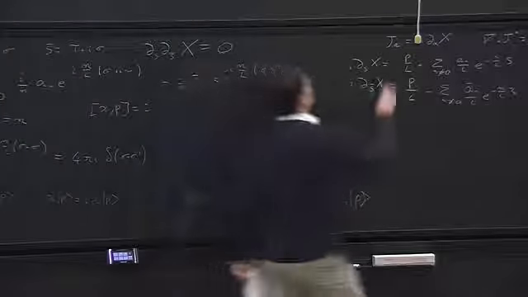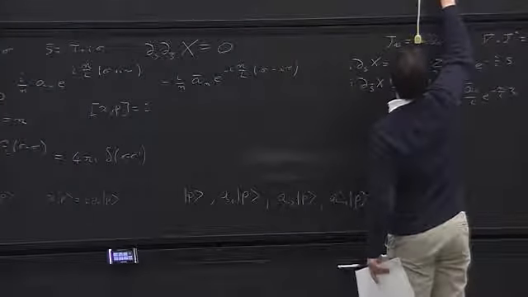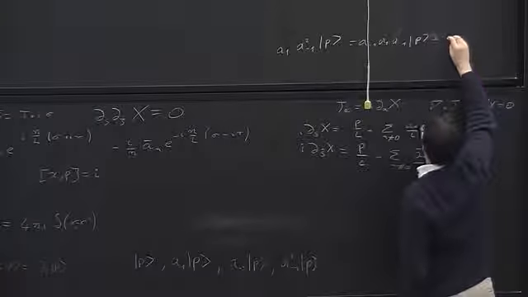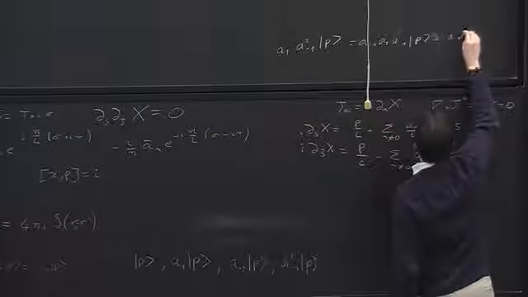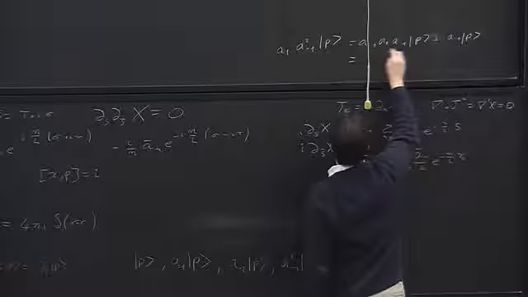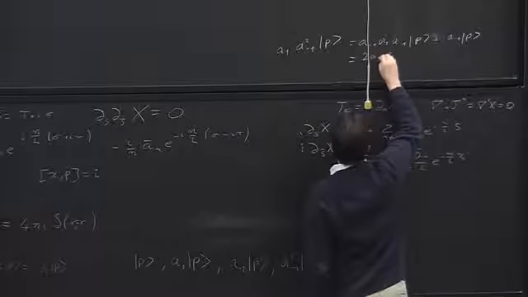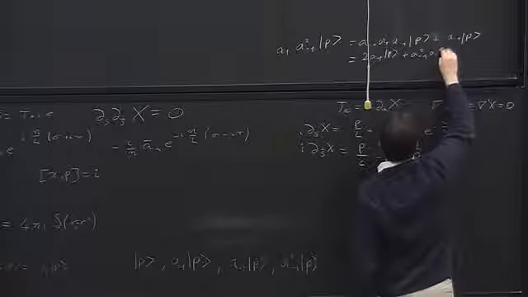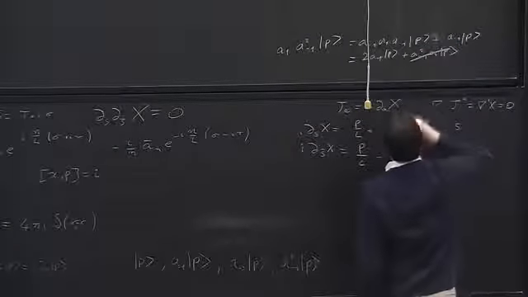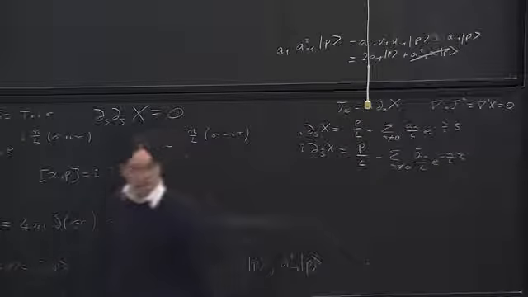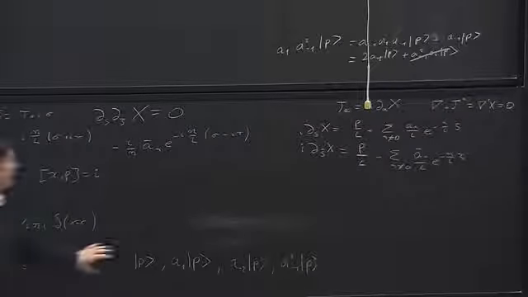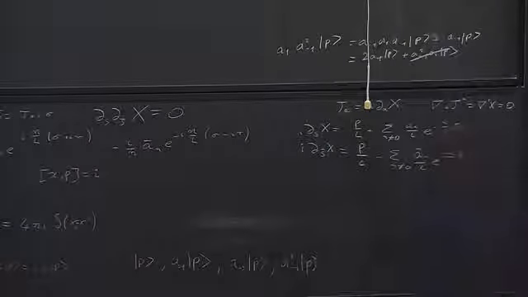So you write this as A minus 1 A1 A minus 1 |p> plus A minus 1 |p>. Then you write it as 2 A minus 1 |p> plus A minus 1 squared A1 |p>. And then this is 0. So this is how you figure out how the modes of your scalar field act over the various states in the Hilbert space, in the Fock space.